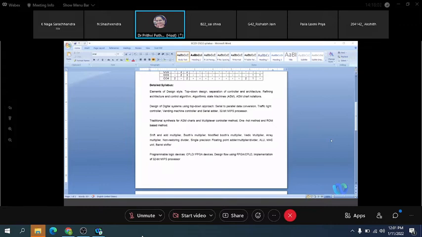All these elements, like you are taking the multiplier element or your ALU element, these need lower level designs so that you can integrate them.